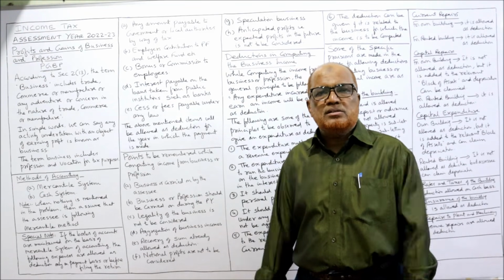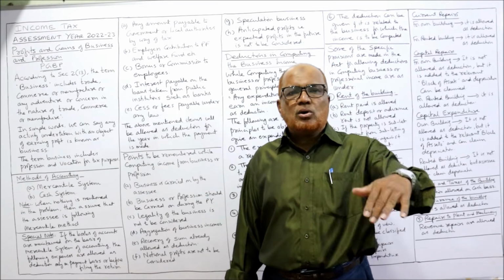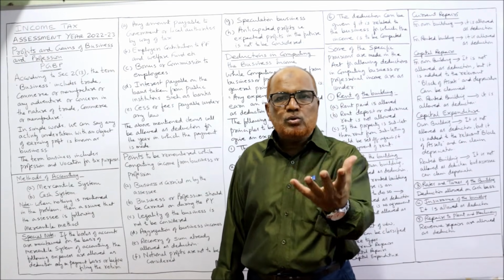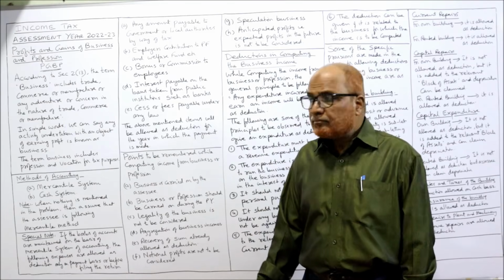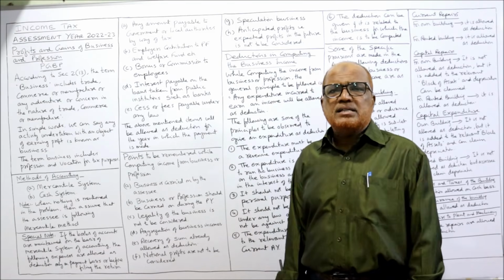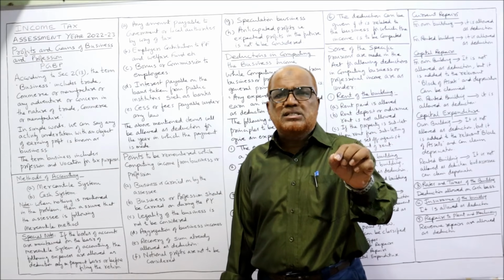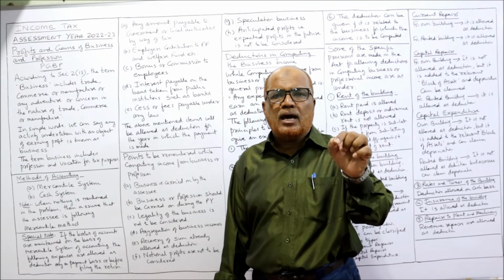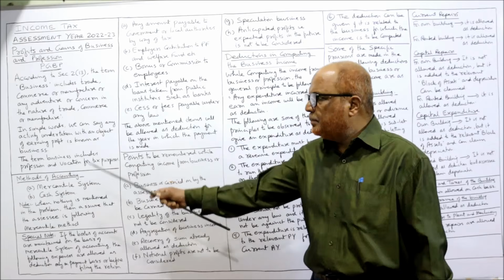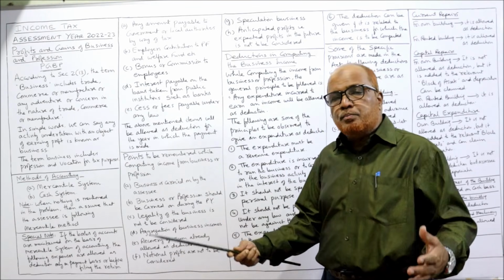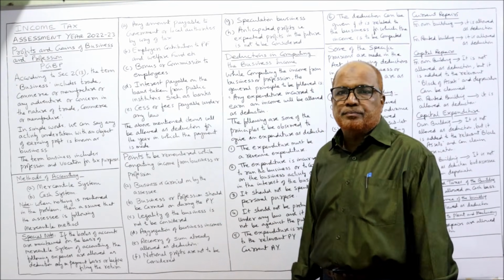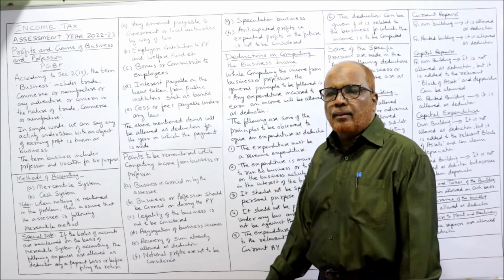So commerce is also business. So trade, commerce or manufacture to produce the goods, that is also business. Now in simple words, we can say any activity which is done in order to earn an income, that is called business. The term business includes profession or occupation. So these are the points regarding business.